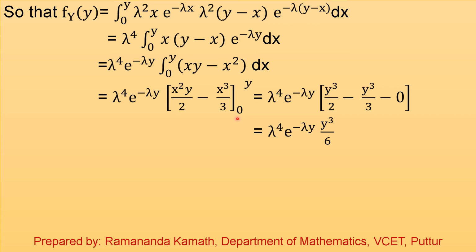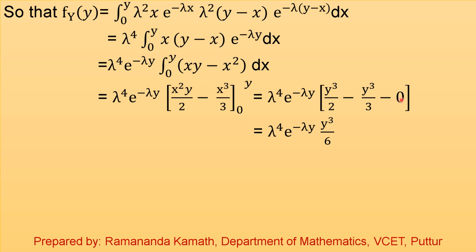The integration was with respect to x, so these limits are x values. Put x as y: y square into y is y cube by 2, minus y cube by 3, minus put x as 0, whole bracket is 0.